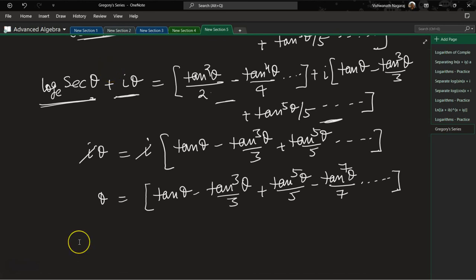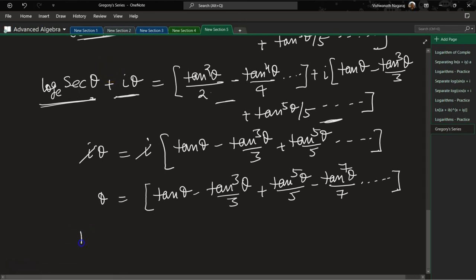Okay, now let's write it in a different form. Let's say tan theta is equal to x. If we do that, theta is equal to tan inverse of x.